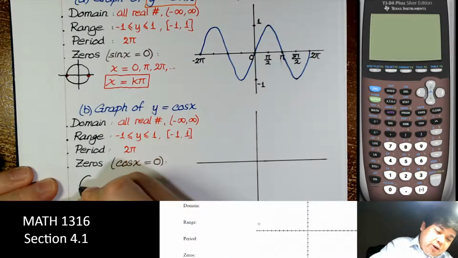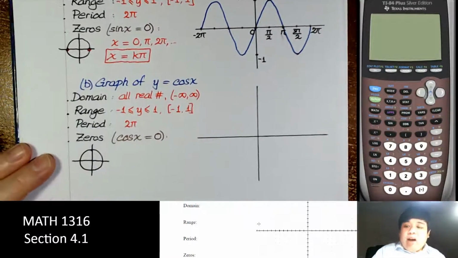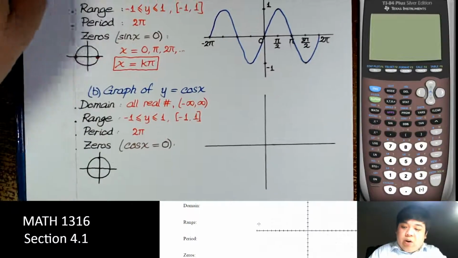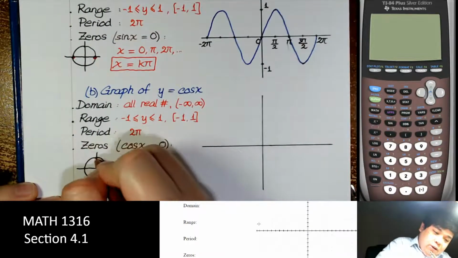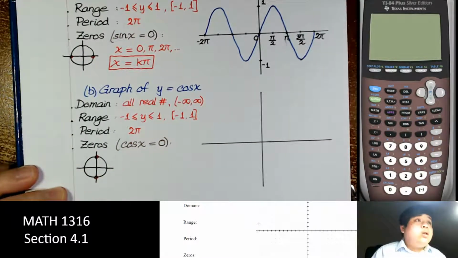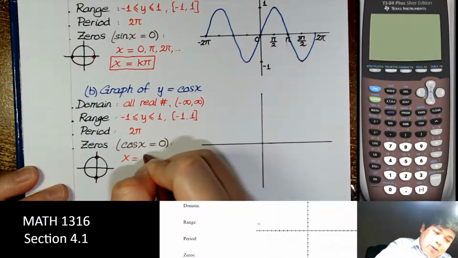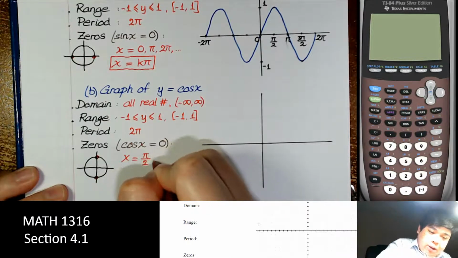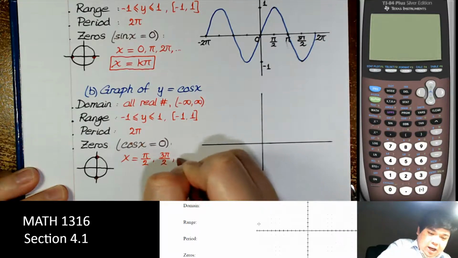So let's try to draw a little circle here. Cosine is the x values on the unit circle. So on the unit circle, when we are at this point or at this point, cosine equals 0. So we have x equal to pi over 2, 3 pi over 2, and so on.